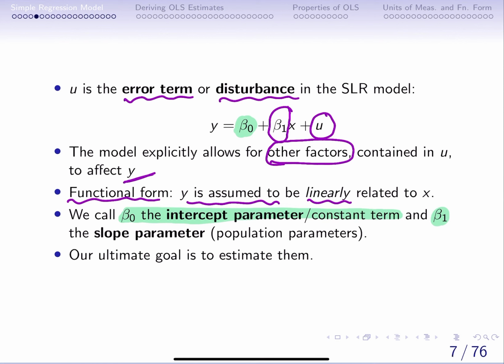So beta 1 is the slope parameter, and both of these together are known as population parameters. If we had a bunch of other x's in our model, the coefficients attached to those would be population parameters, right? So the ultimate goal that we have is to estimate these parameters, beta naught and beta 1.